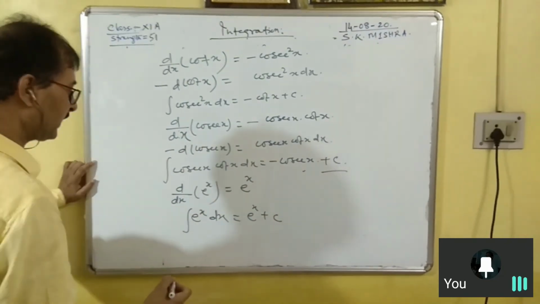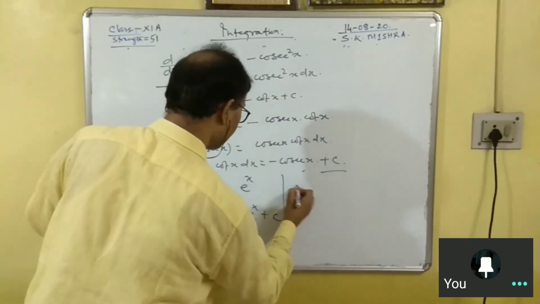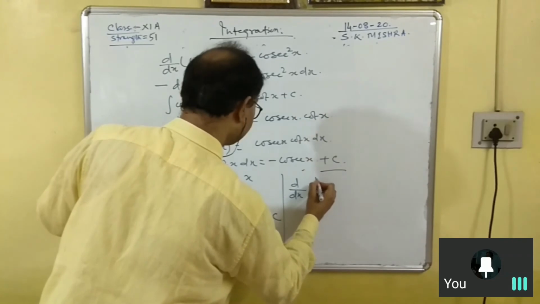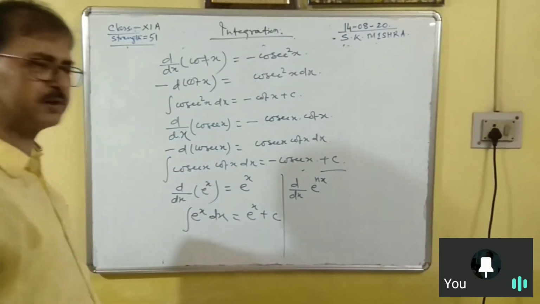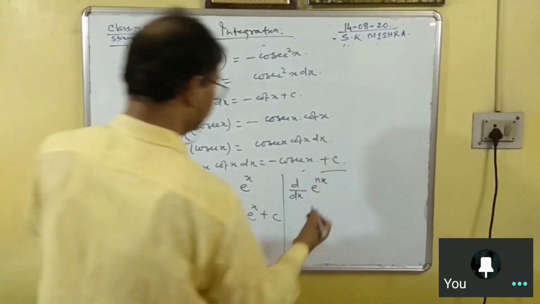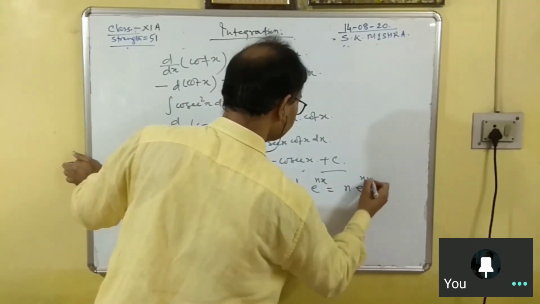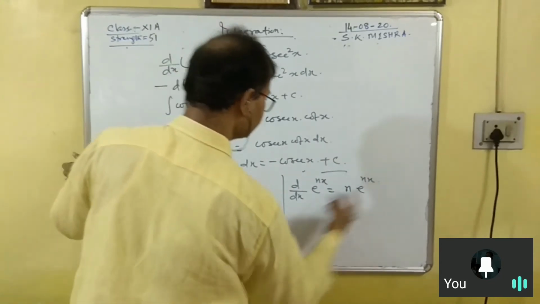If I want to write d by dx of e raised to nx, and n may be anything, 2, 3, 4, any number, then its differentiation is n e raised to nx. Okay, dx taken to this side.